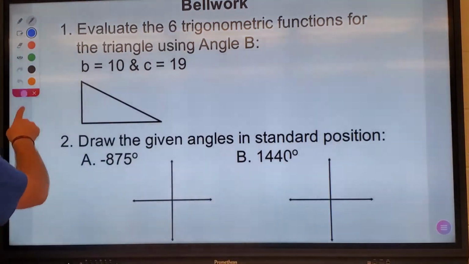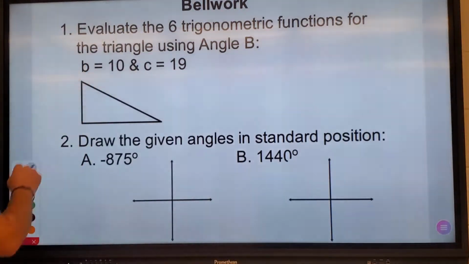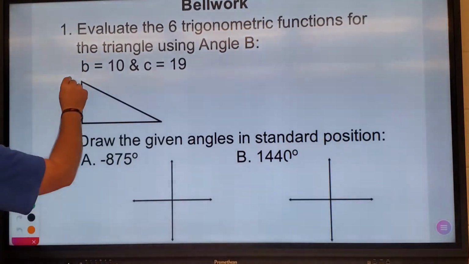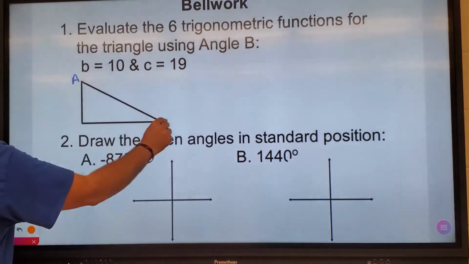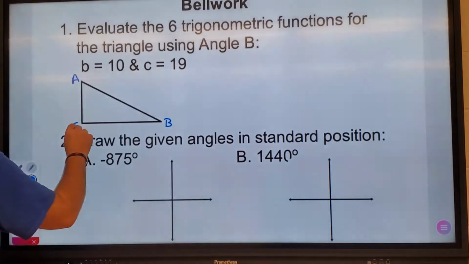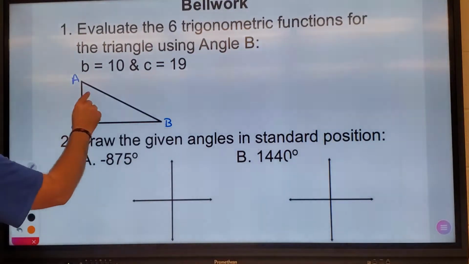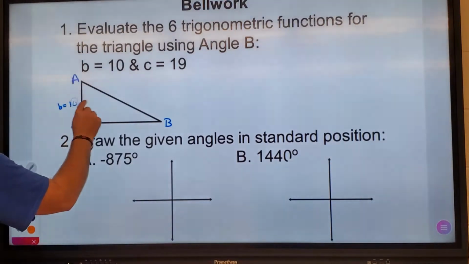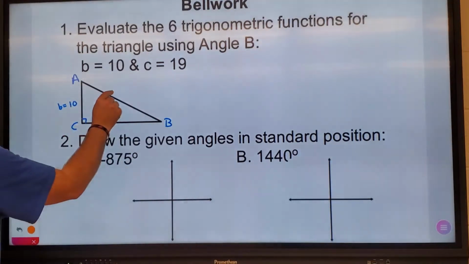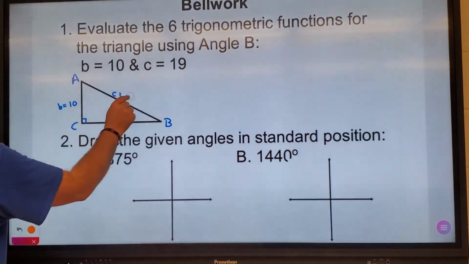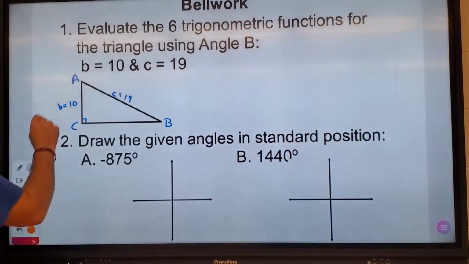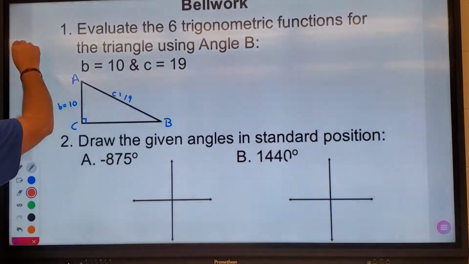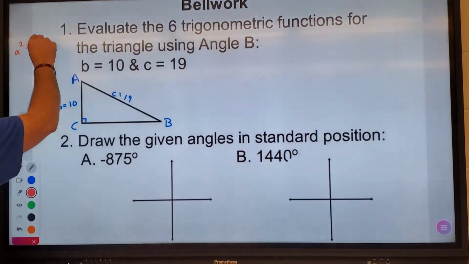Okay, so the first thing I need to do here is use the Pythagorean theorem to find side A. So I'm going to go ahead and label my triangle as angle A, angle B, angle C. This would then be my side B because it is opposite of my angle. Side C is opposite of angle C. So if I find side A, I have A squared plus B squared equals C squared.